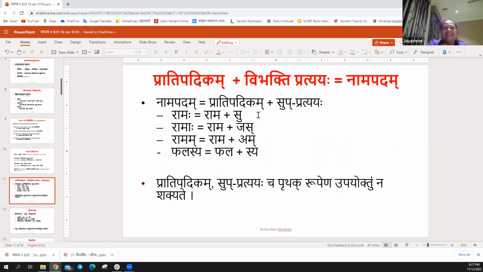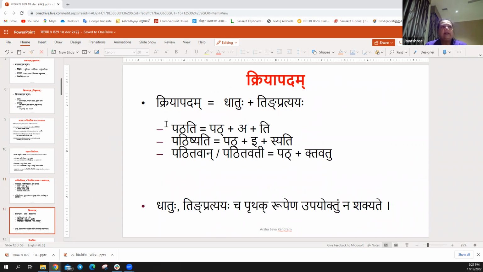No, it doesn't happen. So it has to be added to a Pratyaya. Then only you can say, okay, Patati, Patataha, all those. Same with Supratyaya as well. You can't make a word only with Pratyaya. You need to add Pratipadikam. So they both go together. All right.